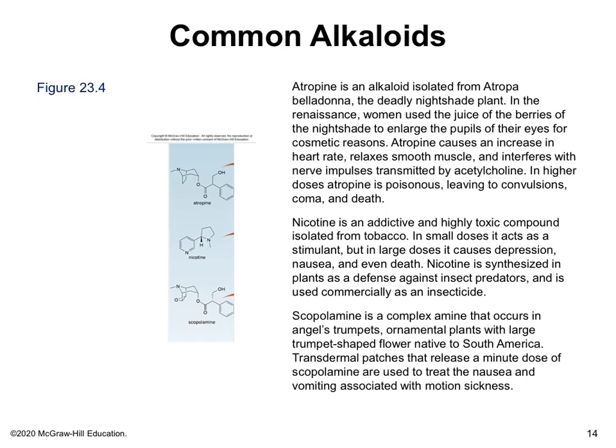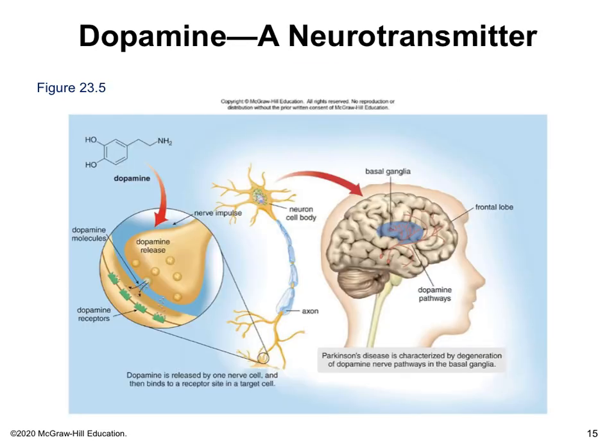Alkaloids are naturally occurring nitrogen containing compounds. Such as nicotine, here's nicotine, which is isolated from tobacco. And so you can see that's what an alkaloid is. Dopamine, you see this is a primary amine here.